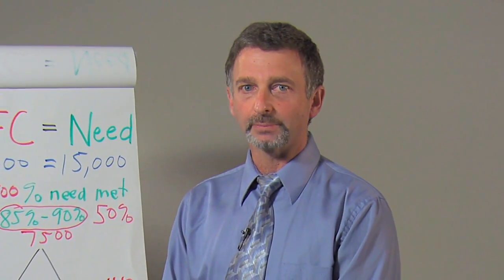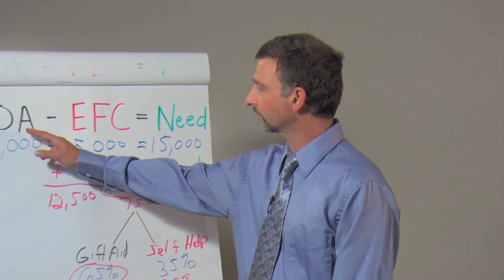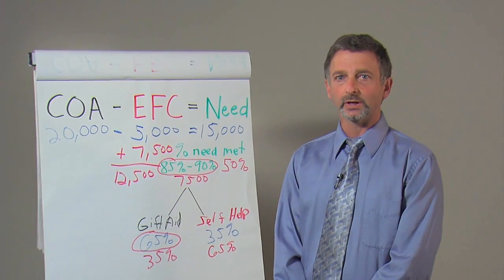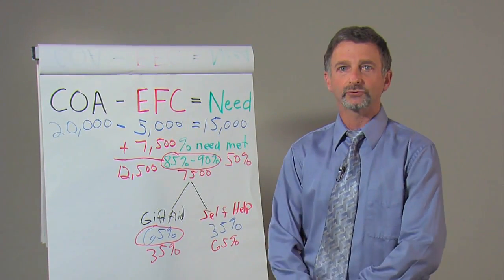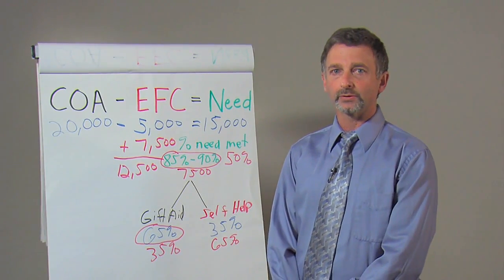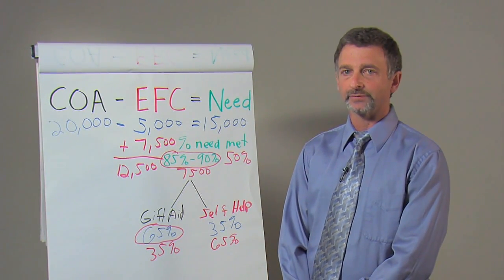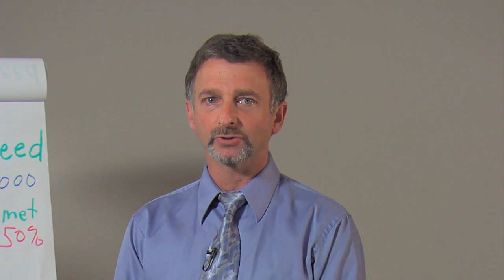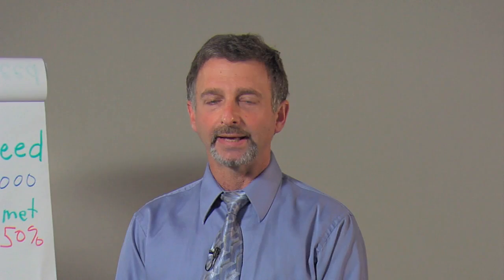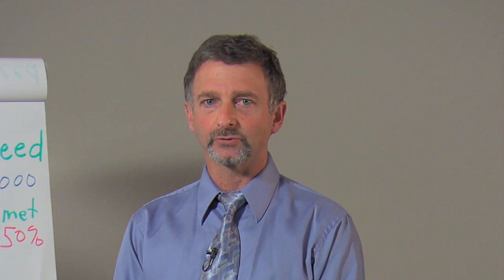Our computer program has the cost of attendance of every university and college, plus it will calculate your EFC based on your income, assets, and other information that you would put on your FAFSA form. This helps our clients predict ahead of time how much it will actually cost them out of pocket and how much financial aid they should expect to receive.